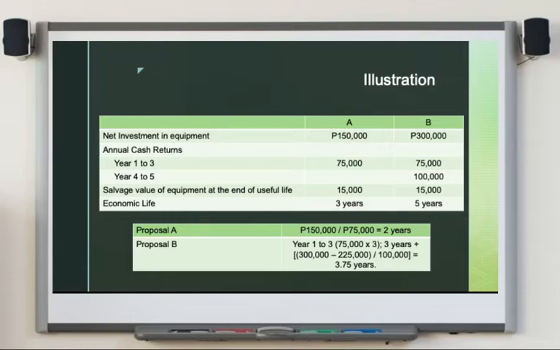However, if the payback period allowed by the management is 4 years, then we can accept both proposals. And in cases that we can only choose one proposal, we will choose the fastest payback period, and that is proposal A.